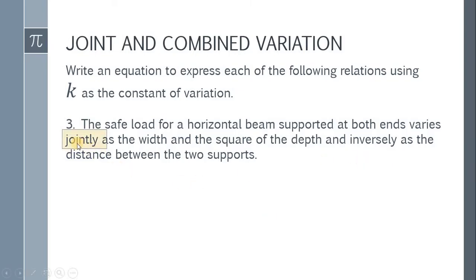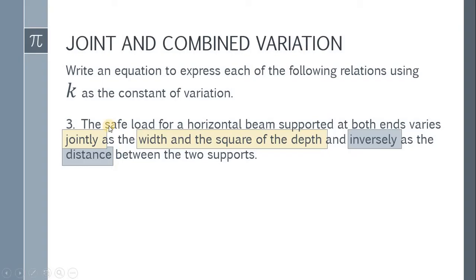Ibig sabihin, meron tayong imumultiply. Ang tanong, ano yung imumultiply natin? So, imumultiply natin yung width and the square of the depth. Next, ano pa yung mga clue na meron tayo? So, makikita natin yung word na inversely. Ibig sabihin, meron tayong i-divide. Ano i-divide natin? Yung distance between the two supports.